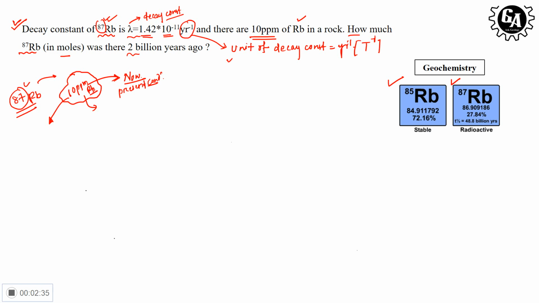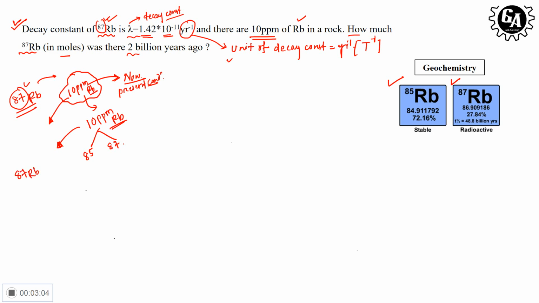Now in this question he has given that at present 10 ppm of rubidium is present, and within this 10 ppm some may be 85 and some are 87. Now he is asking before 2 billion years ago, what was only the 87 rubidium?